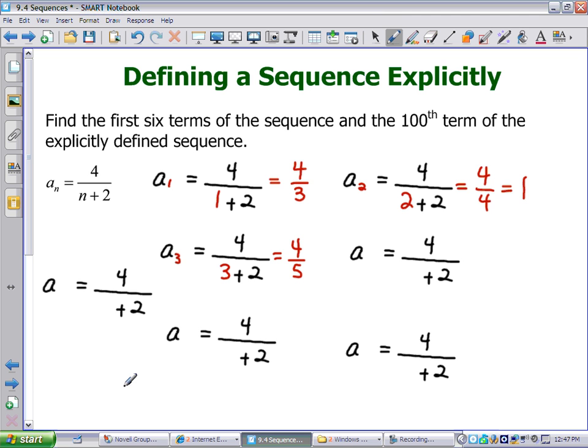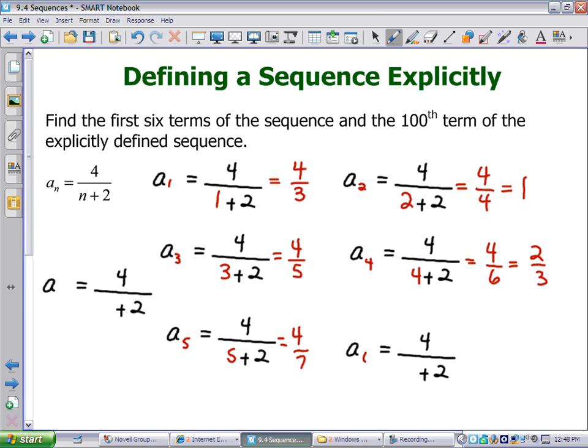All right, so if I plug in 4 for n, that's going to give you 4 over 6, and that reduces to be 2/3. The fifth term, when I plug in 5 for n, you're going to get 4 over 7.